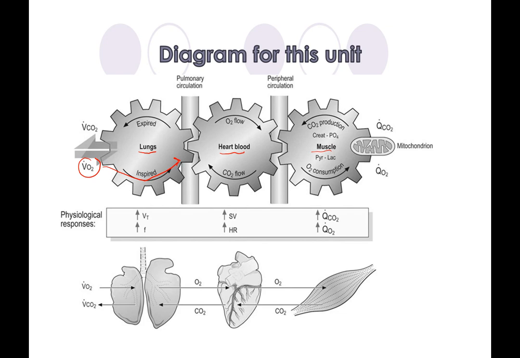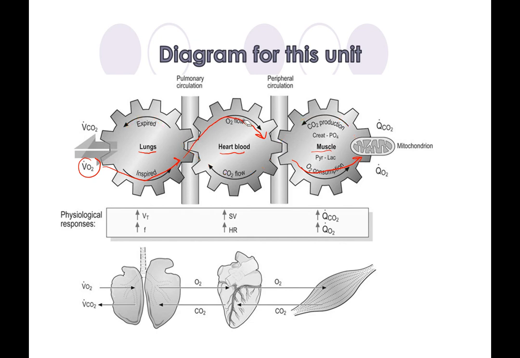That's inspired through the lungs, and if you think about how gears work, it then moves up here. So our flow of oxygen moves through the heart and into the blood, where it's eventually taken up by your muscle, and specifically the mitochondria, where the mitochondria then turns it into carbon dioxide, which will go back out through the heart and blood and eventually be expired or breathed out.